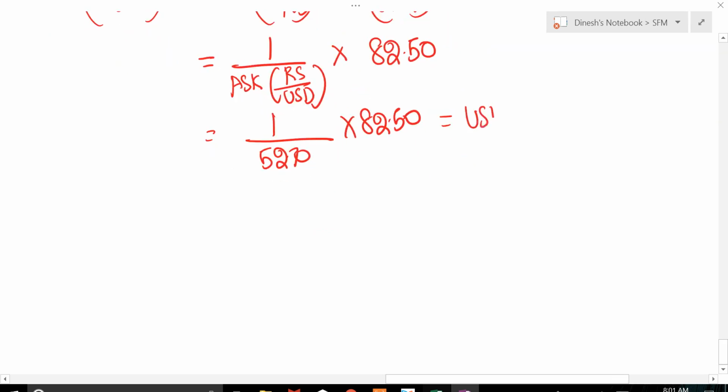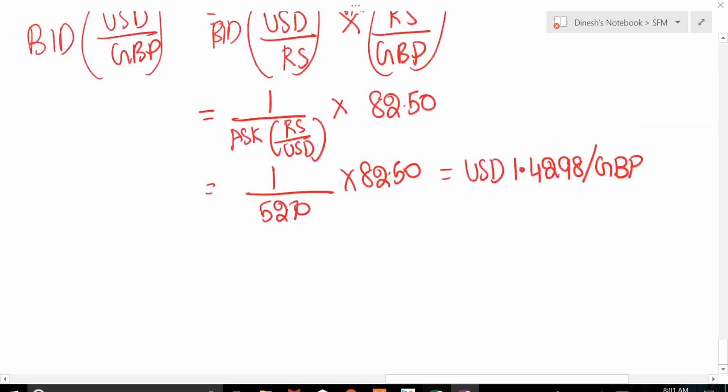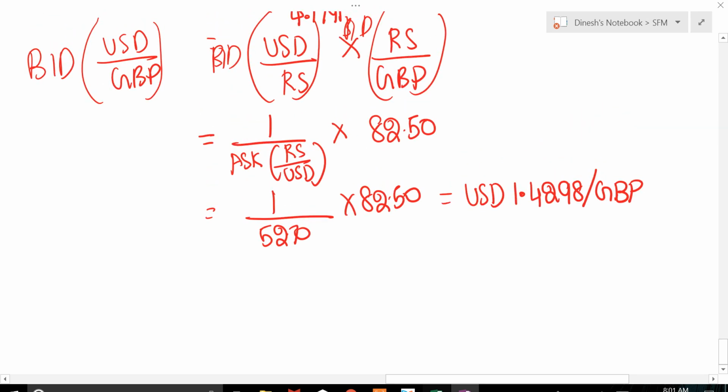Let me know in case there's a doubt here. The crux of international finance is this: getting cross rates. Getting cross rates is going to be the crux of international finance. Though you will keep learning newer and newer aspects, the crux remains this.